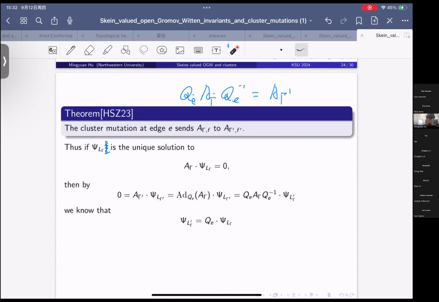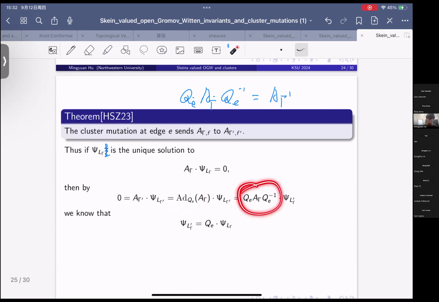This part is our theorem, and we just replace this by its definition, this thing. And then what does this imply? It implies that this is also zero. So QE inverse L gamma prime is also a solution of this equation. We know this because the solution is unique. So this one is this one.